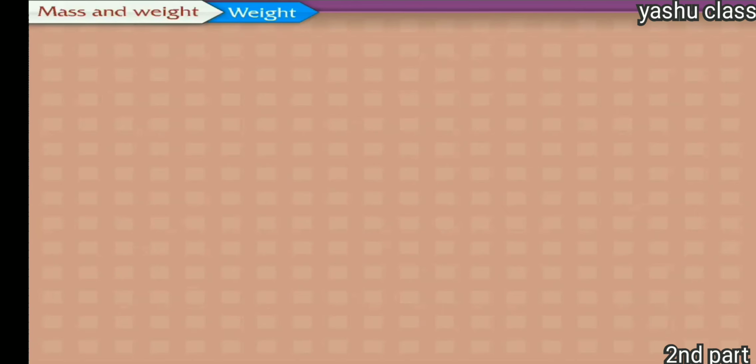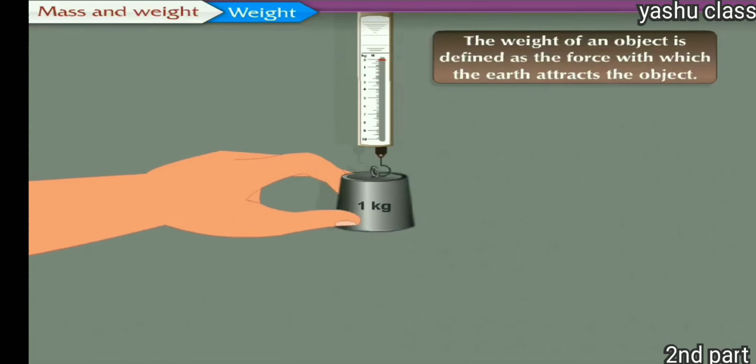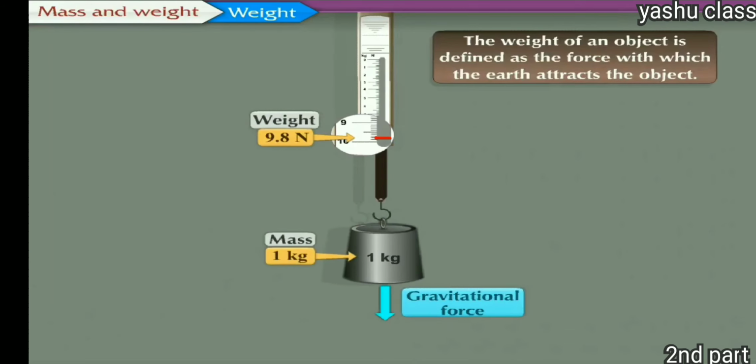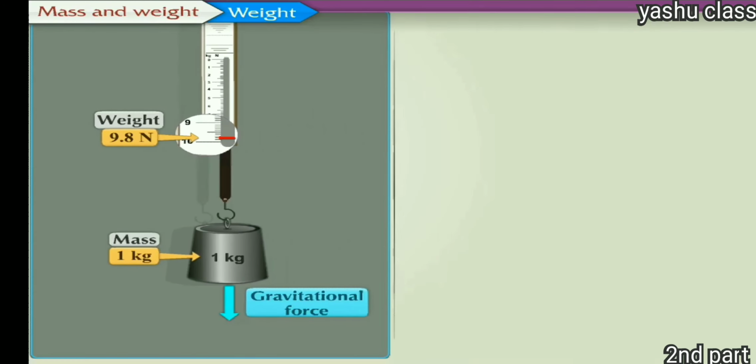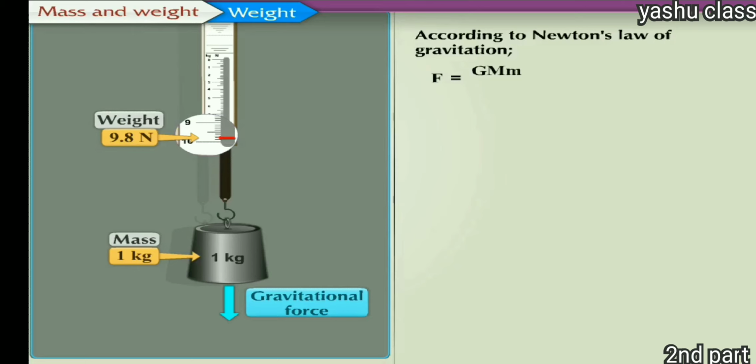Weight. The weight of an object is defined as the force with which the Earth attracts the object. According to Newton's law of gravitation, the gravitational force F acting on the object of mass small m is equal to universal gravitational constant capital G into mass of the Earth capital M into mass of the object small m upon radius of the Earth capital R square.